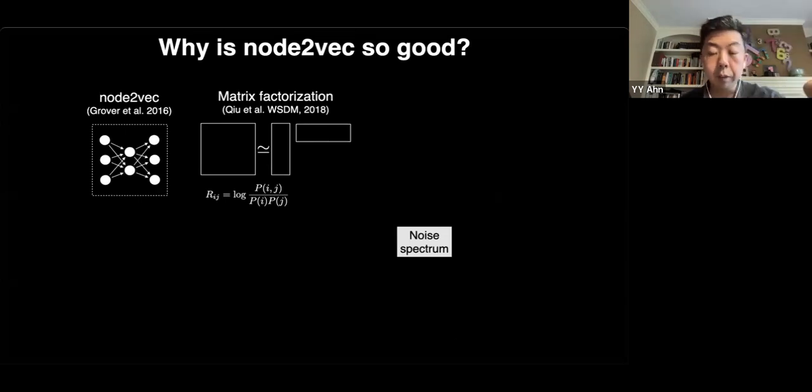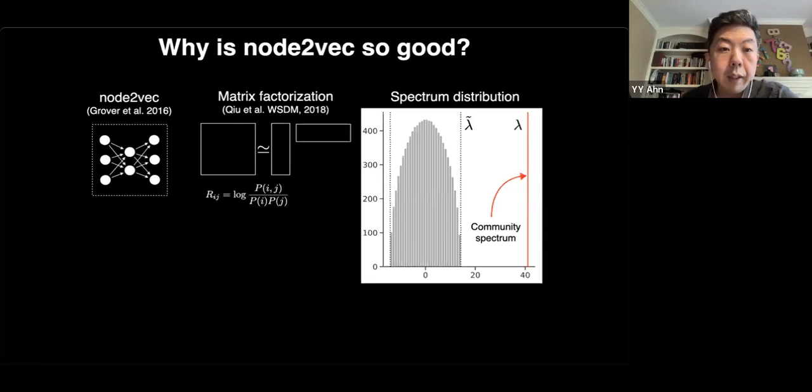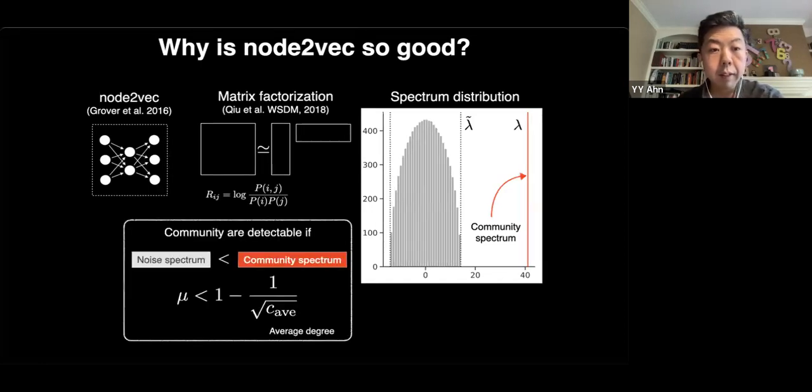The node-to-node similarity matrix I mentioned, we can actually write it down, which is basically the pointwise mutual information between two nodes appearing in random walk trajectories. Then we can use that fact to factorize it and calculate the spectrum distribution. That leads us to the condition where communities become detectable under the node2vec method.